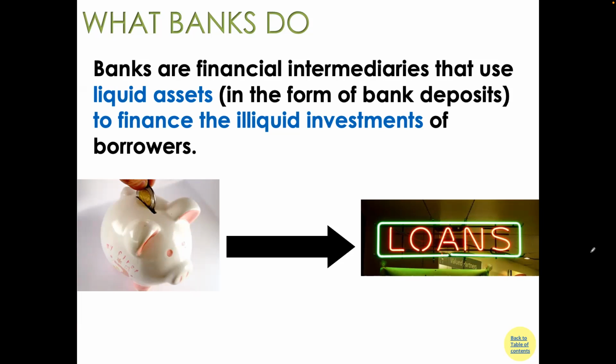Does it make sense? So now let's see how the bank is going to solve the problem. Basically, the bank works like a pool. In a very abstract way, the business model of the bank goes as follows. They attract deposits.